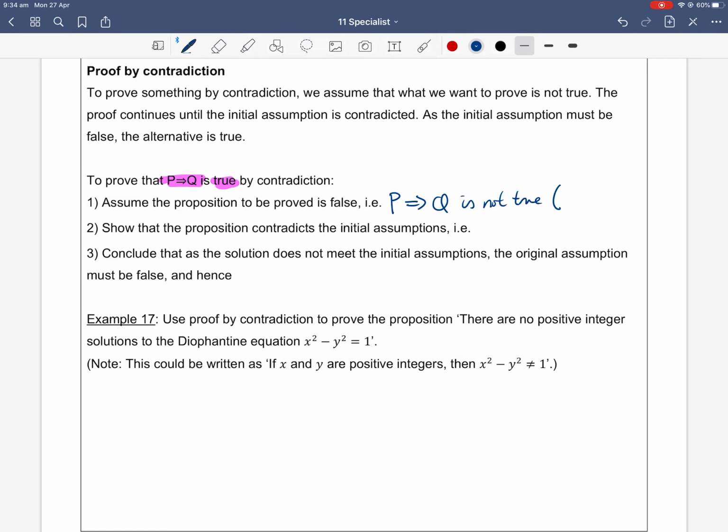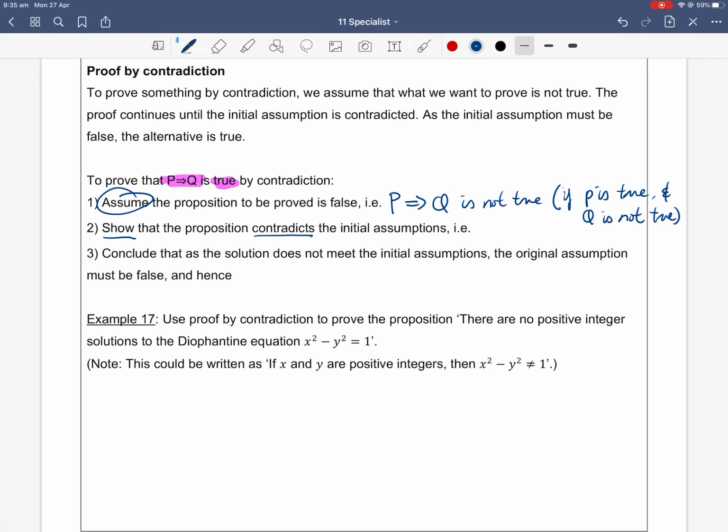Remember, what's the opposite of if P then Q? The opposite of if P then Q is P and not Q. So we're supposing that P is true and Q is not true. That's what we're assuming, that it's false.